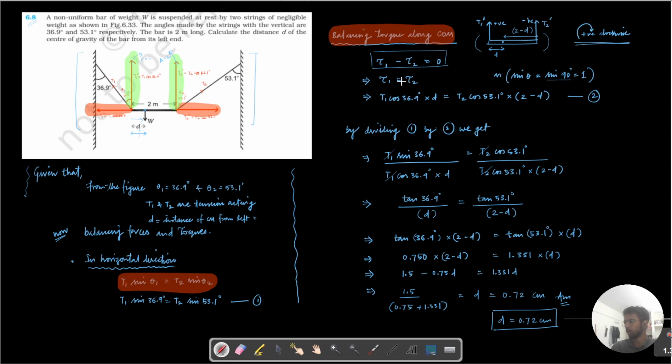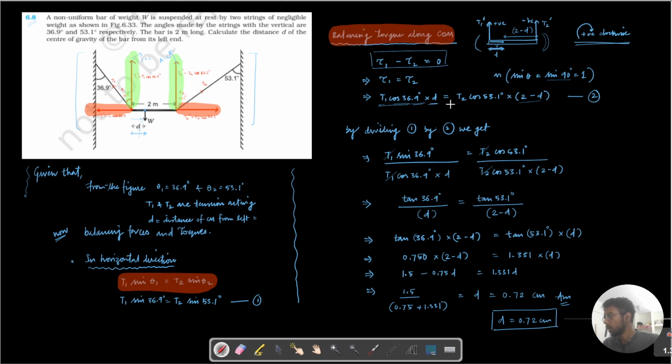So the sine theta term will cancel out and we can write T1 cos theta 1 into d is equal to T2 cos theta 2 into (2 minus d). If you can see in this figure, you can guess that the torque due to T1 dash, that is T1 dash acting here, is T1 cos theta 1 into R, that is d. This is the R that we are going to take here.